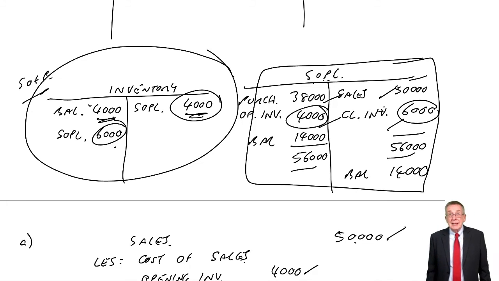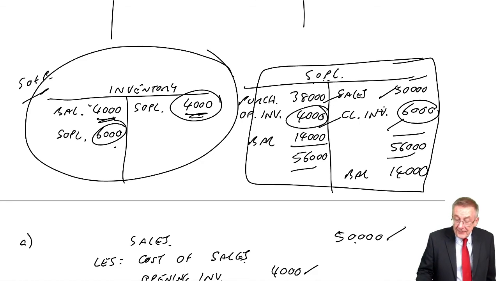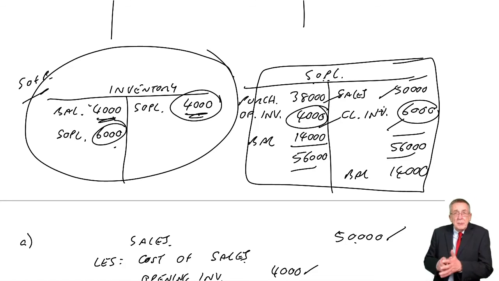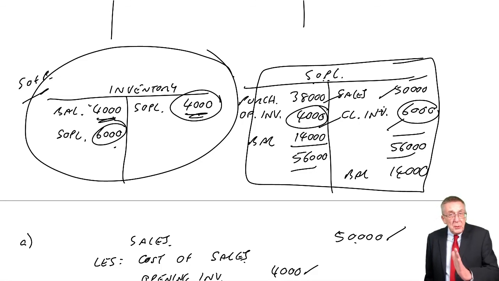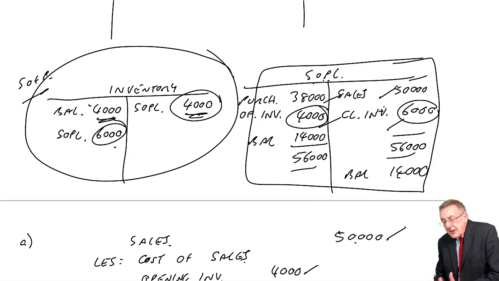Computers, of course, could effectively do this entry every time we sell any. To do that every time we sell any when you're doing it by hand would be just ridiculous. But you do find on computer that effectively the computer keeps doing that entry, not just at the end of the period.